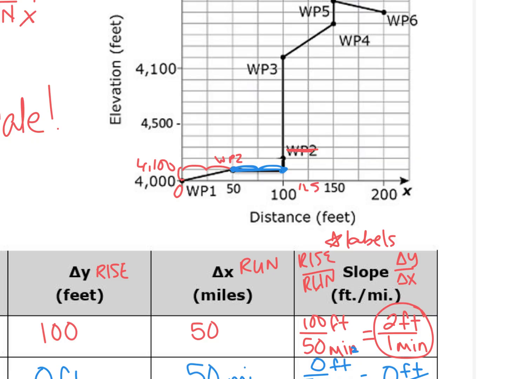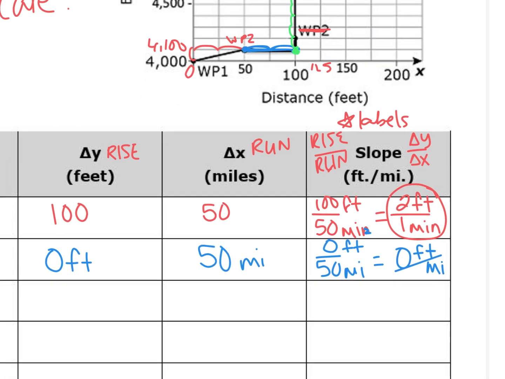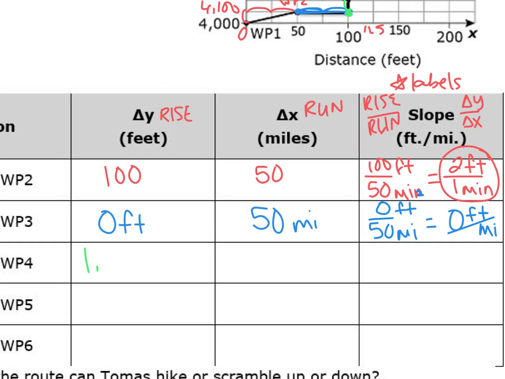All right, for this next one, we're gonna do the green dots. Again, I apologize, it's not labeled super nicely. So we're gonna count rise, and remember our rise, we're counting by 100s on our y scale. So 100, 200, 300, 400, 500, 600, 700, 800, 900, not 1000. What is 1000? 1,000. So we're climbing 1,000 feet.